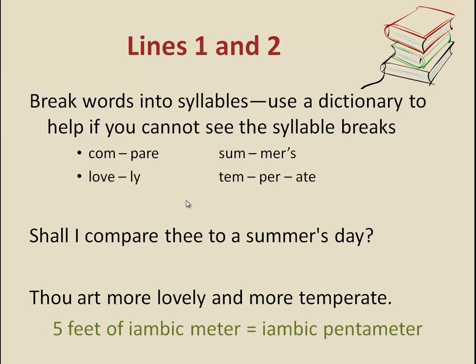So here, I've broken down the words that have multiple syllables. So we have "compare." Where do the stresses occur? Compare. Well, it sounds to me like "pair" is a little more emphasized. The "com" is kind of a softer sound anyway. So if I were to put some stresses on there, we would have "pair" having the slash mark on it. And let me just add those in here.